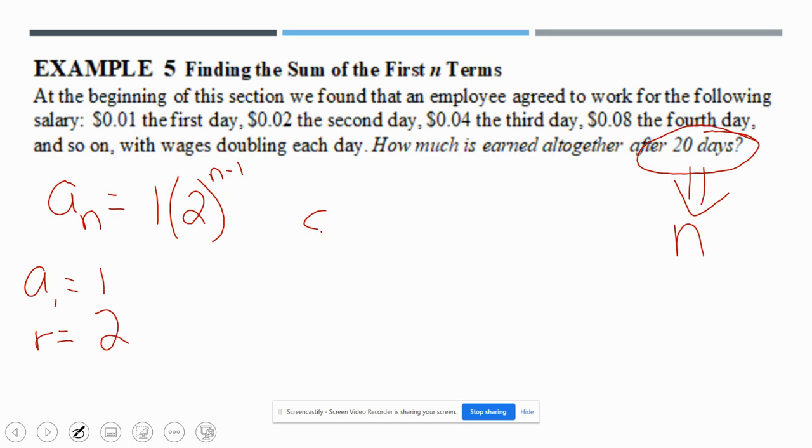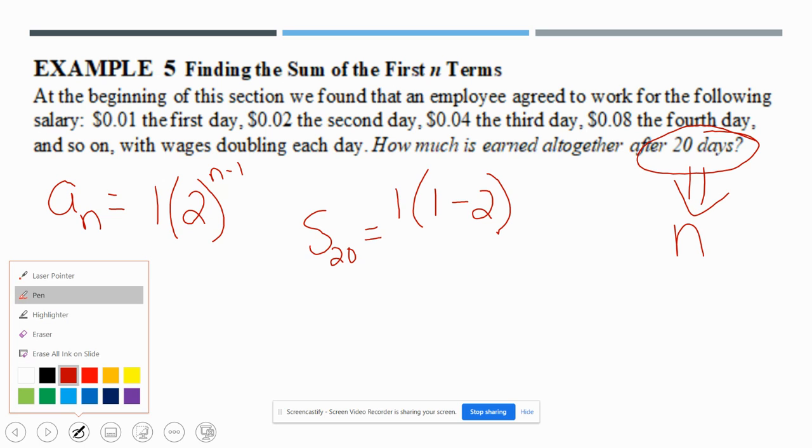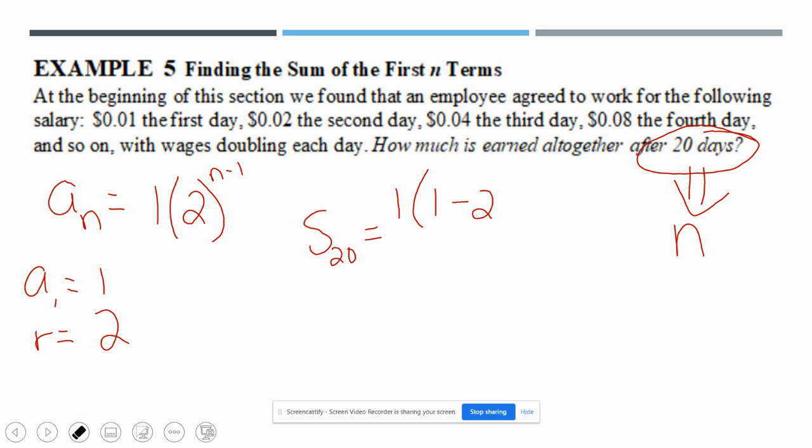So we have S sub 20 is equal to 1 for a sub 1, times 1 minus r, which is 2. Oops. You have to have that 2 to the 20th power, over 1 minus 2.